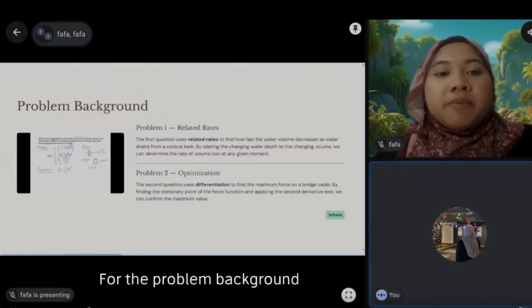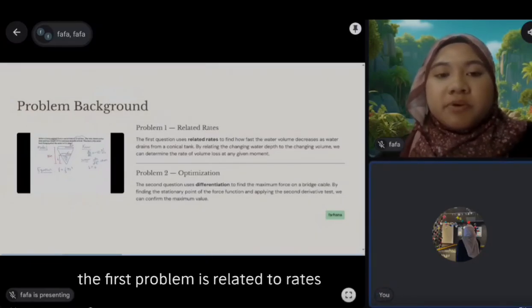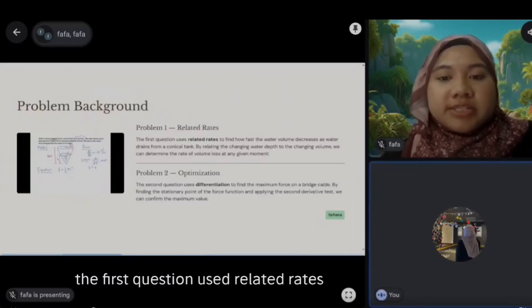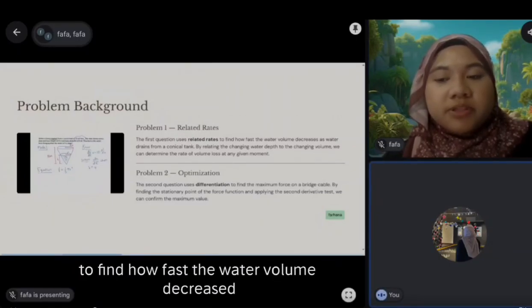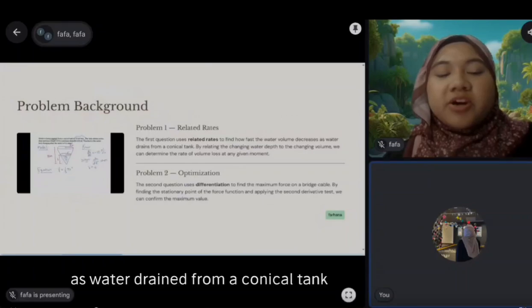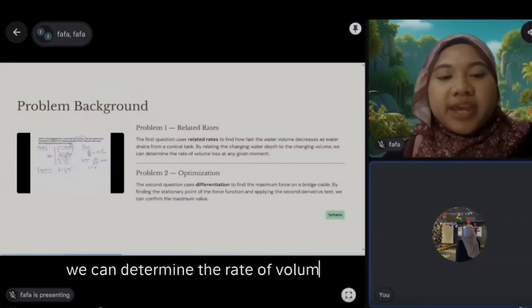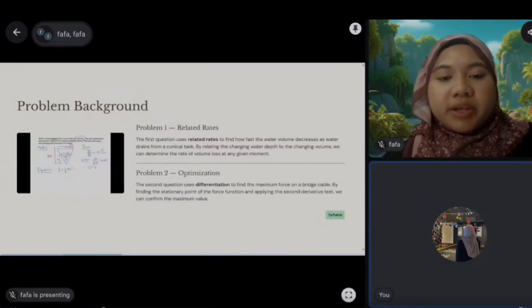For the problem background, the first problem is related rates. The first question uses related rates to find how fast the water volume decreases as water drains from a conical tank. By relating the changing water depth to the changing volume, we can determine the rate of volume loss at any given moment.